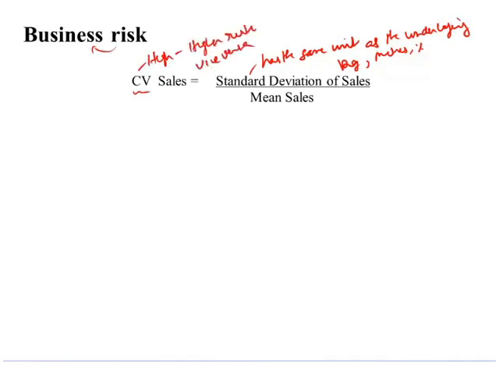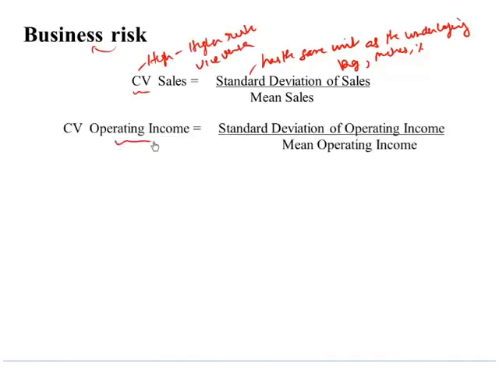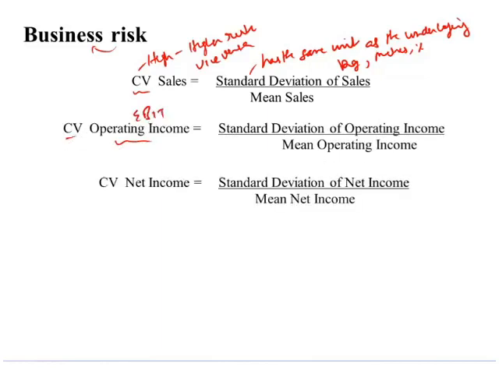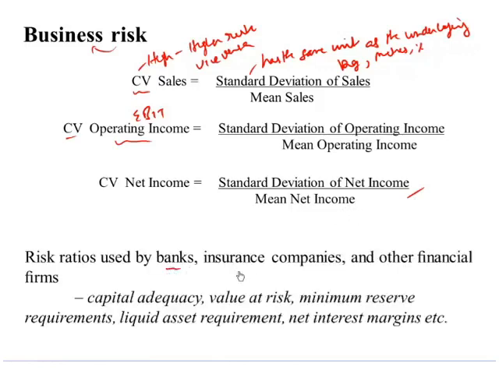Similarly, I can check for the standard deviation of operating income, that is EBIT, and compute the coefficient of variation. I can compute the coefficient of variation of the net income. So these ratios tell us about the risk in the business and are also important calculations that go into financial analysis. Banks, insurance companies, and other financial firms use more specific risk ratios.